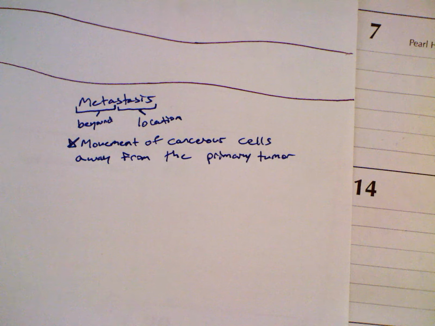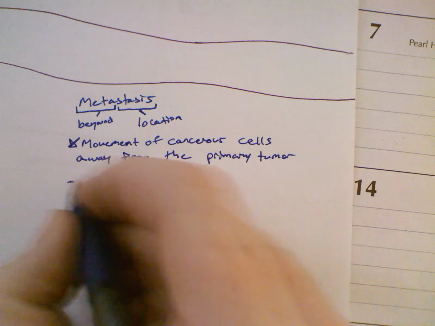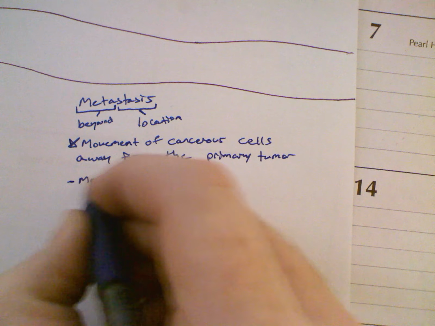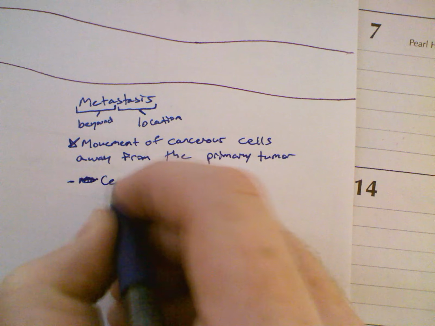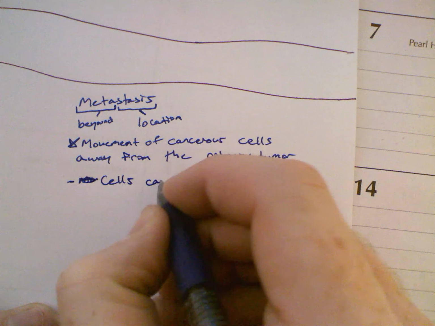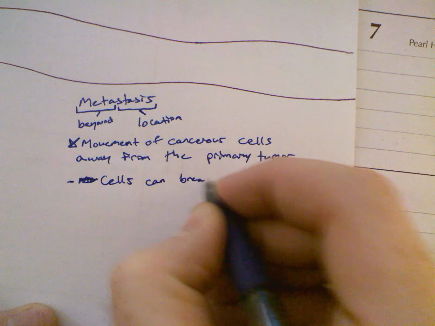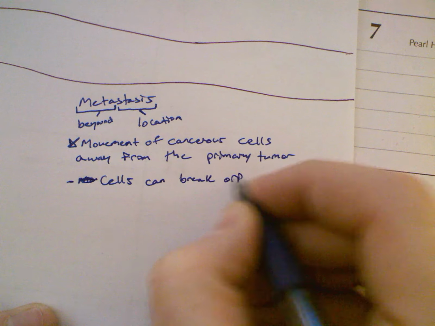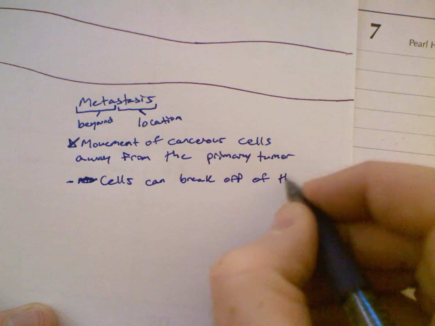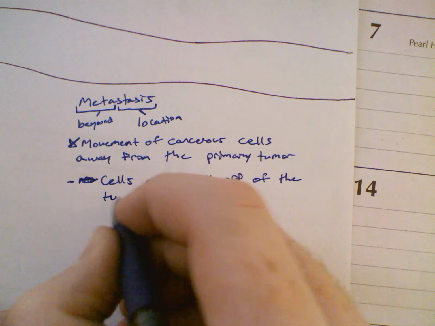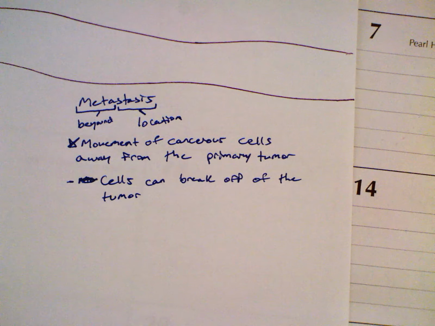Okay. The way this happens is, actually sorry, cells can break off of the primary tumor. As these tumors get bigger, they get more and more unstable.